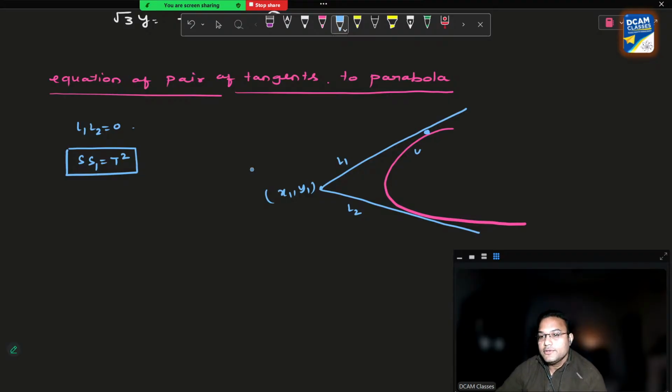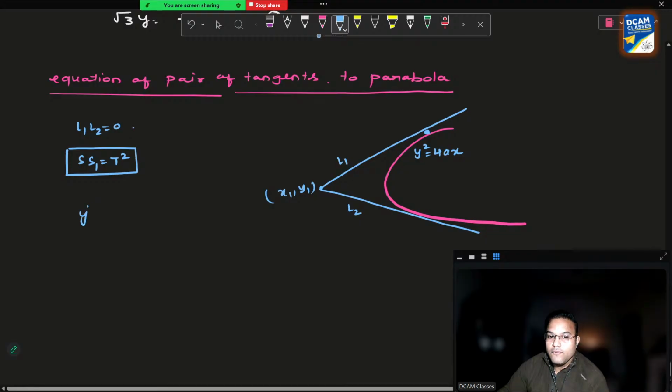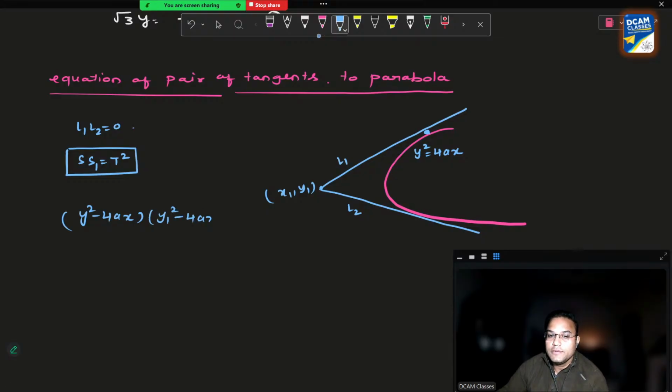Now if I take the equation of parabola as y square is equal to 4ax, the equation that I'll get is S is what? Y square minus 4ax. S1 is what? Point substituted in the parabola. Y1 square minus 4ax1 is equal to T square, equation of tangent. Y1 minus 2a into x plus x1.